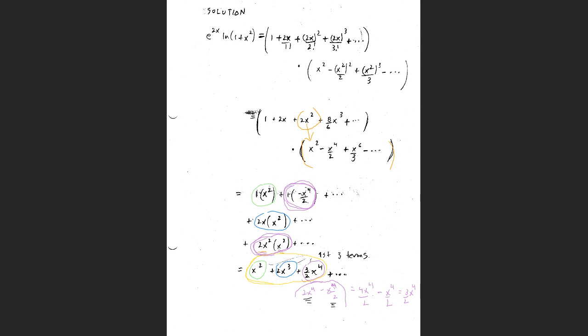Okay, is that Marcus, question? Yeah, so my question is, I understand how you got that, but if that's the case, why didn't you just also do it with the other two, like 2x squared, or 2x times x squared plus, and then why didn't you include the 2x times negative x to the fourth?